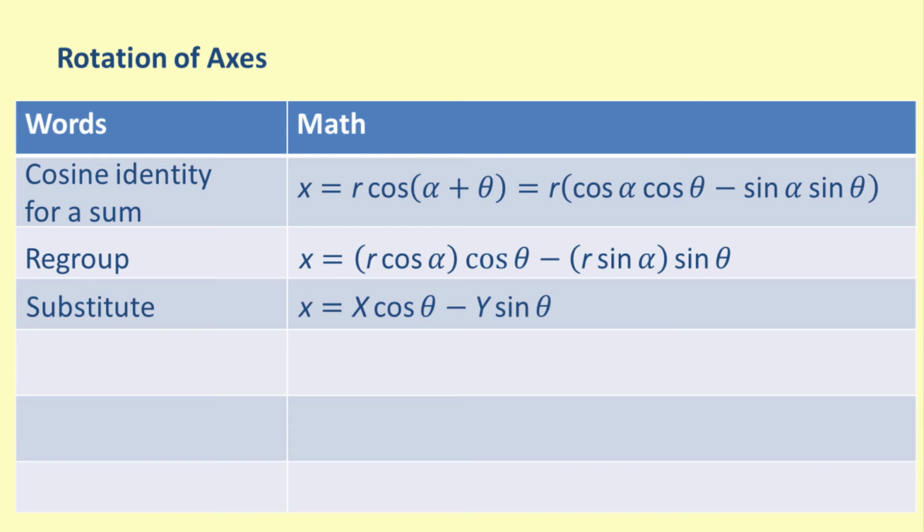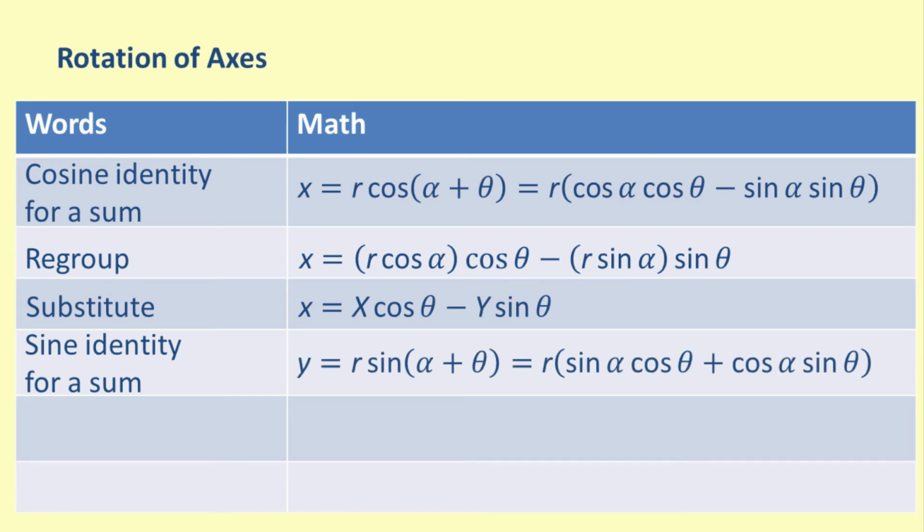We can then duplicate this process for the y term. Begin by using the sine identity for a sum. We have y equals r times sine of the quantity alpha plus theta, which equals r times the quantity sine of alpha times cosine of theta, plus cosine of alpha times sine of theta.